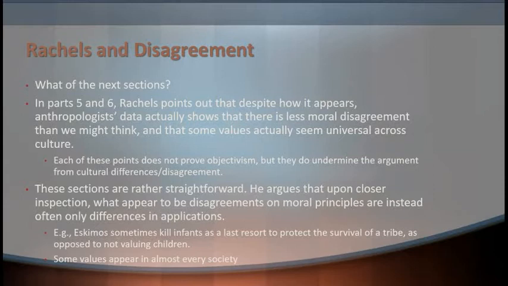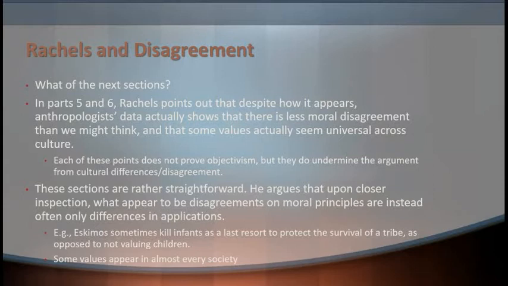He argues that upon closer inspection, if you keep looking at the data about disagreement, what appears to be moral disagreement about moral principles is instead only differences in applications. So, for example, Eskimos sometimes kill infants as a last resort.